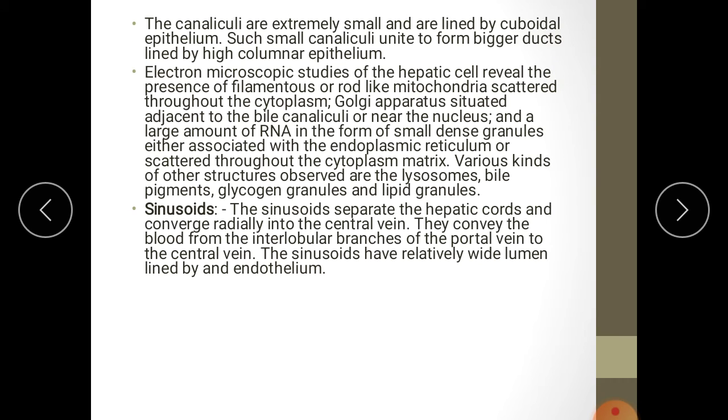They convey the blood from the interlobular branches of the portal vein to the central vein.